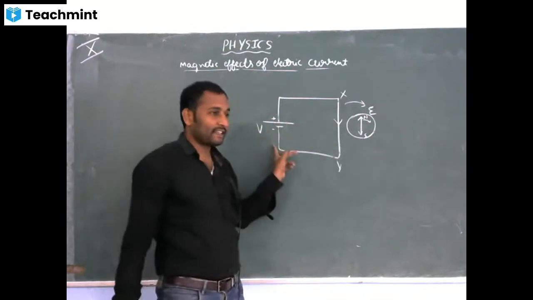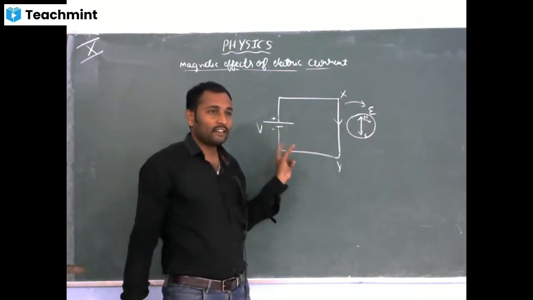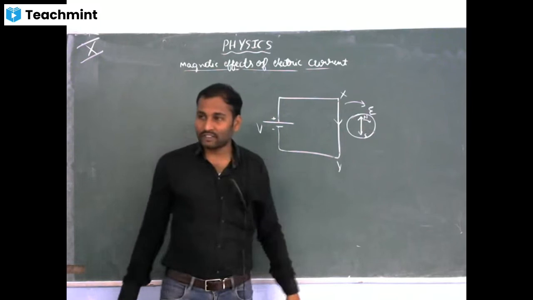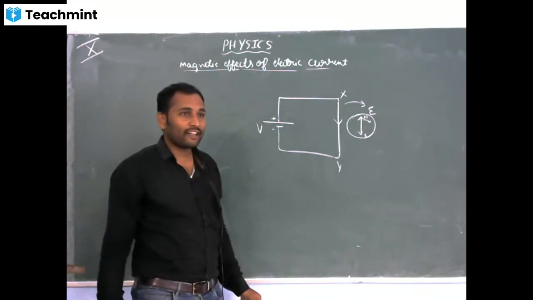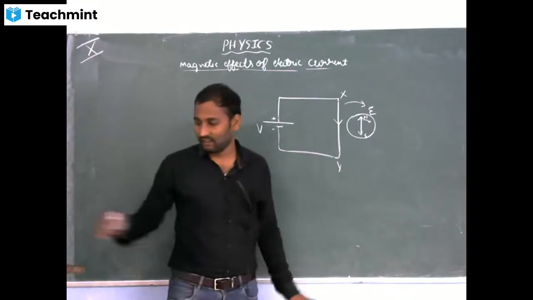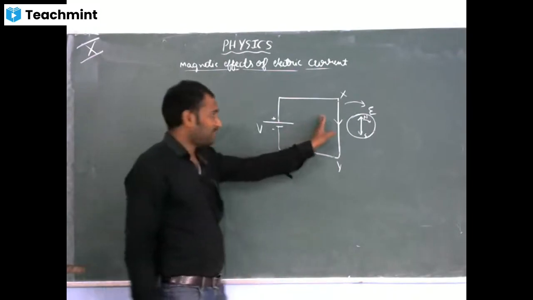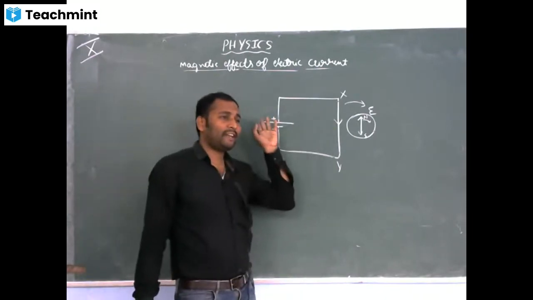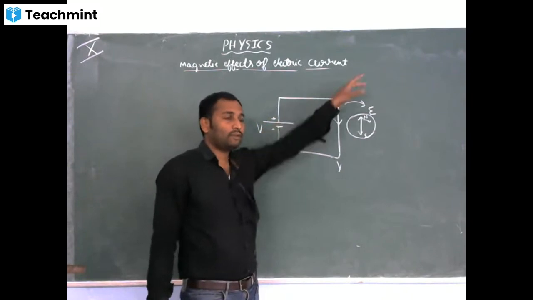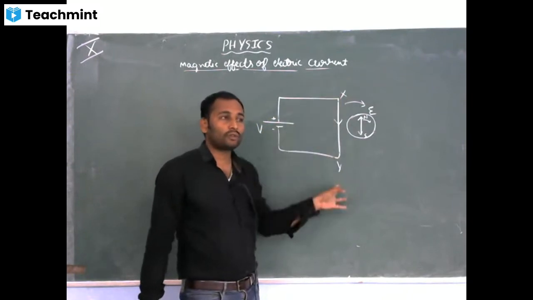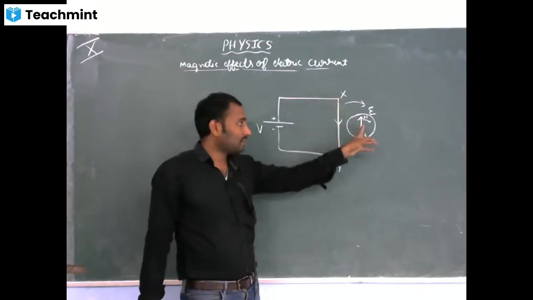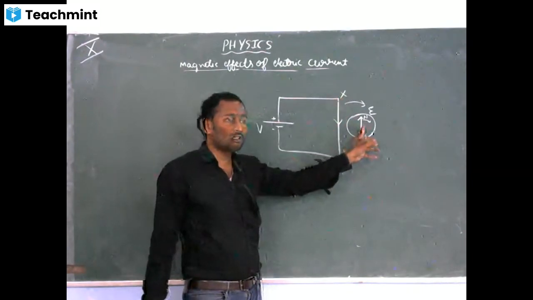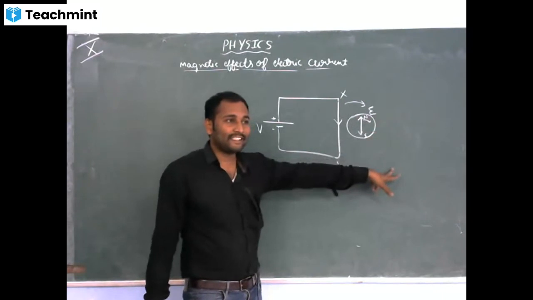This is the first case. When I apply voltage, the current direction is from north to south in the conductor, and the deflection of the compass needle is towards east.